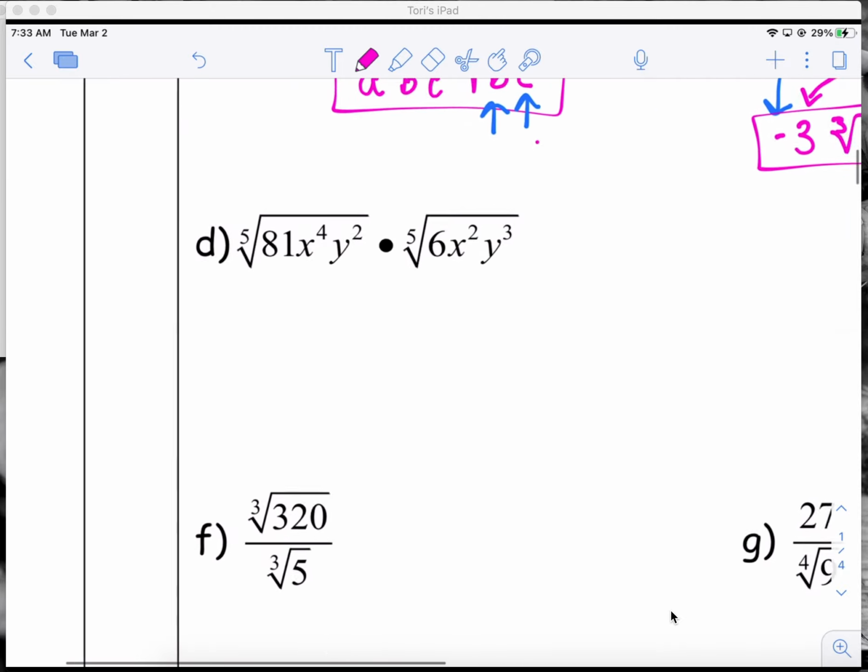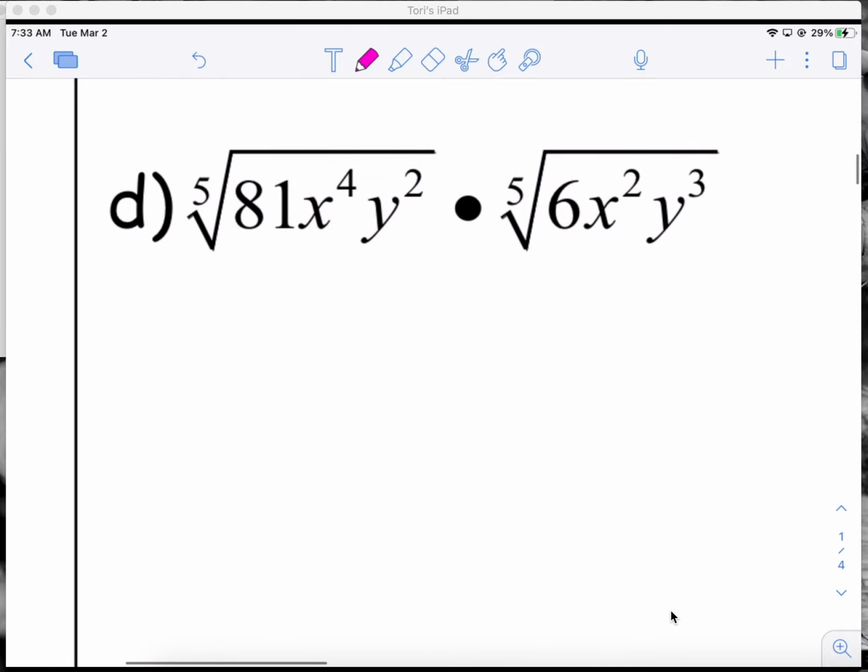All right, let's talk about D. So for D, because the radicals are the same, and that's what I mean by these numbers out here, everything can go together straight. So for me, it's easier to think about factors out for the 81 and the 6 if I can write them this way. So if I think 81 is the same as, maybe you know 9 times 9, and then 3 times 3 like this.